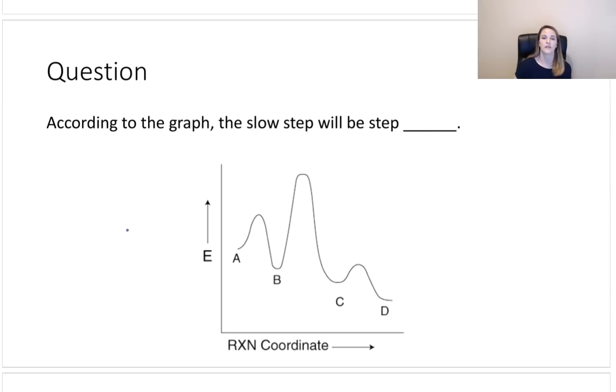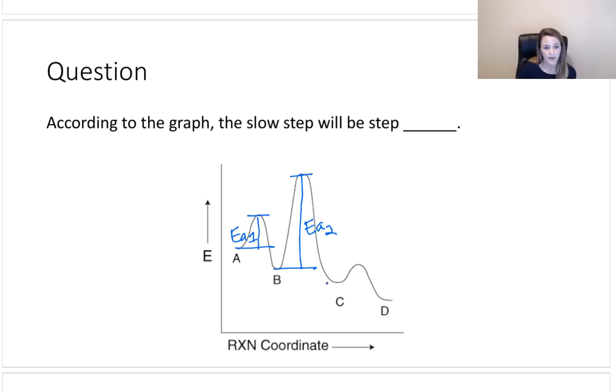Next question. Which one is the slow step? So you're really looking for the step with the greatest activation energy barrier. And so when we go from A to peak, we don't have that big of an activation energy barrier, EA1. It's big, but it's not that big, compared to intermediate B going to transition 2. And so that is going to be your second activation energy barrier.